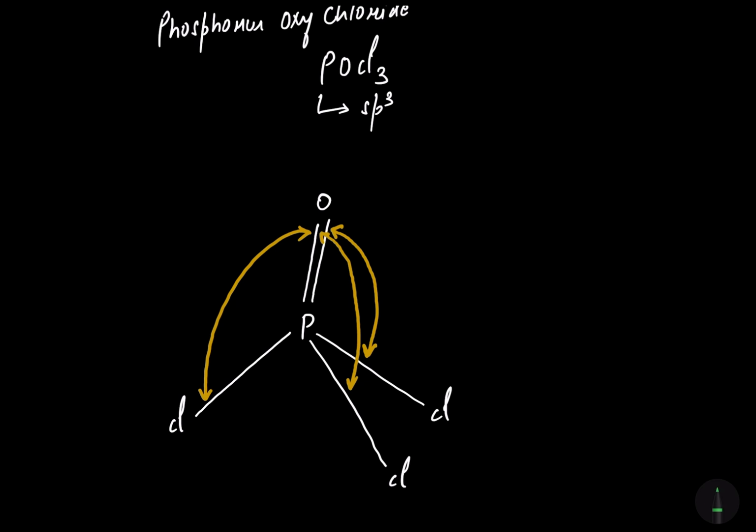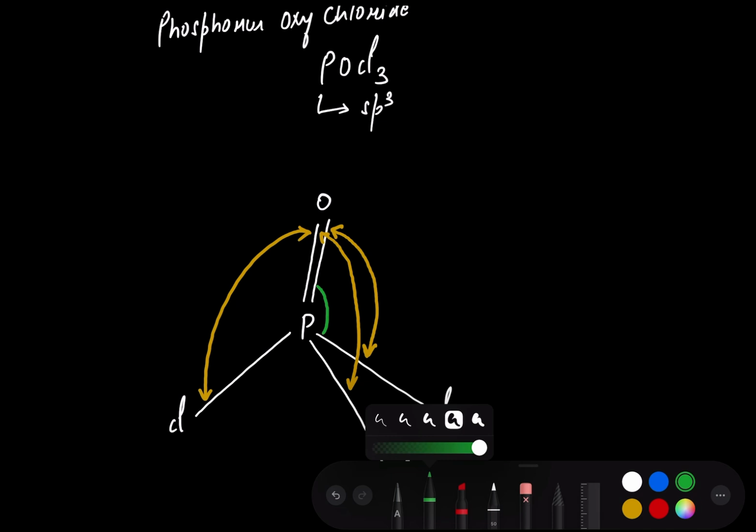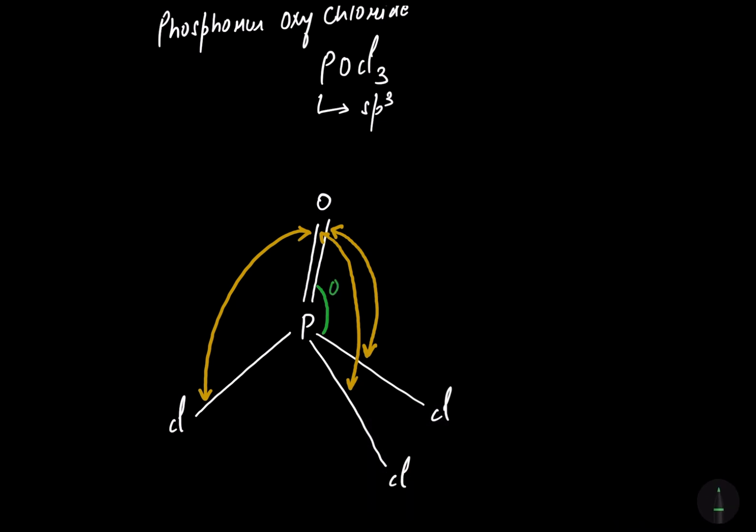First of all, let's mark this bond angle to be theta 1. Now, what's the normal tetrahedral angle? The tetrahedral angle is 109 degrees and 28 minutes.